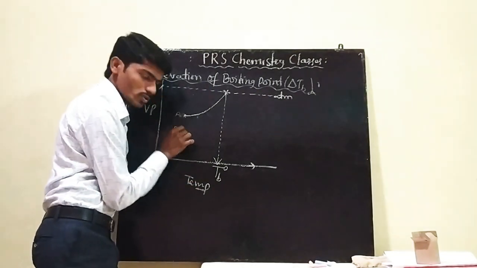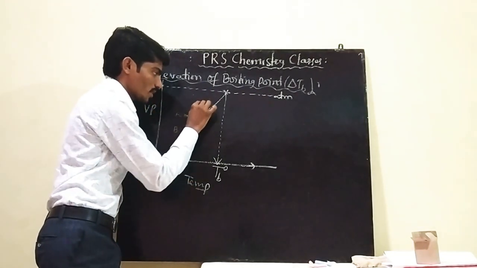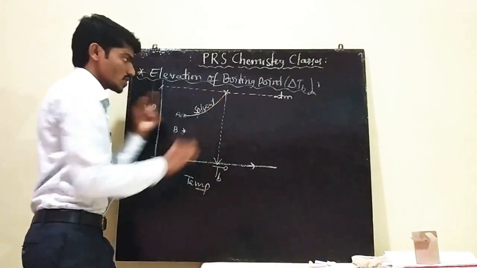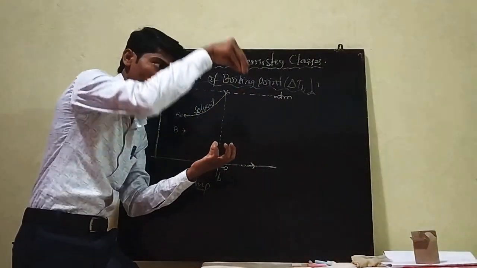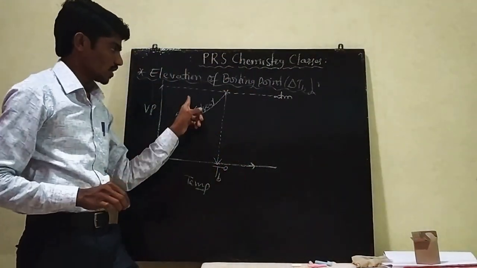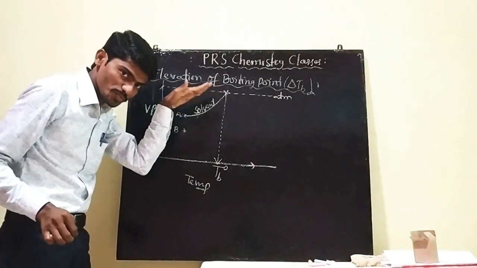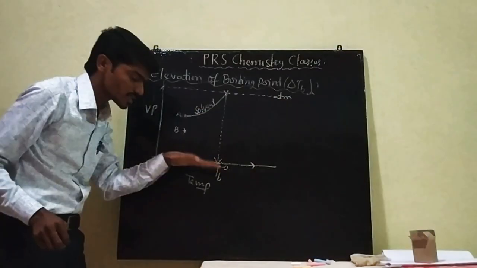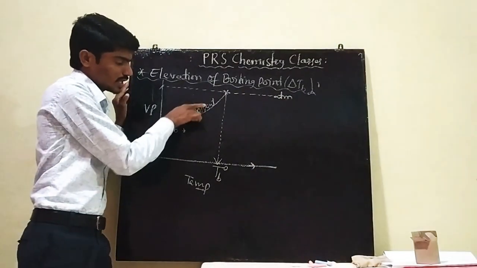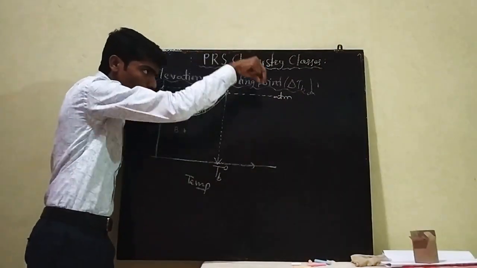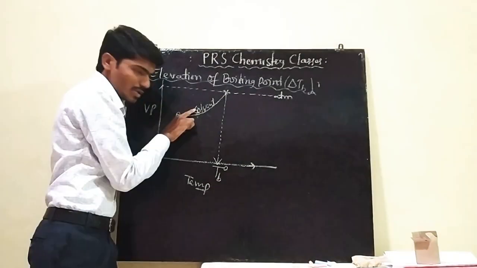Similarly, solution क्या होता है? To this solvent, a non-volatile solute is added. When a non-volatile solute is added, the vapor pressure of pure solvent decreases, because solvent का vapor pressure ज़्यादा है. When a non-volatile solute is added, it becomes solution.